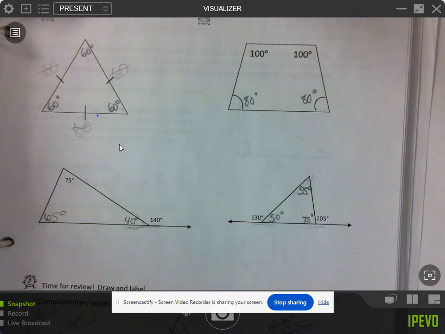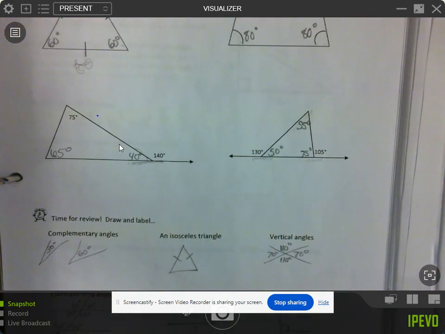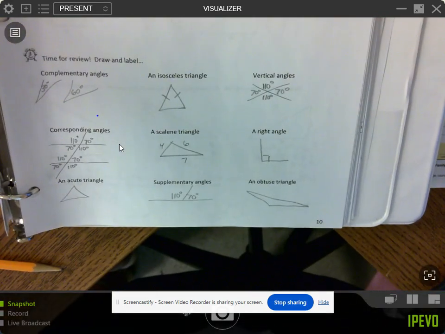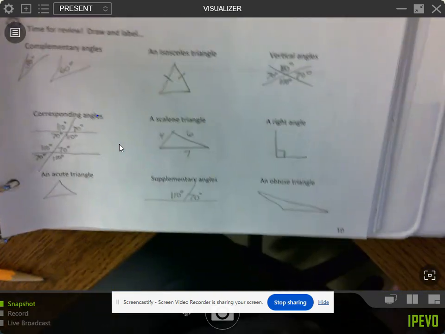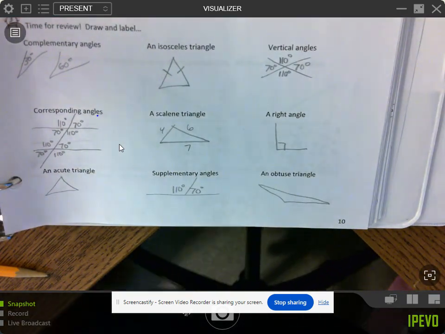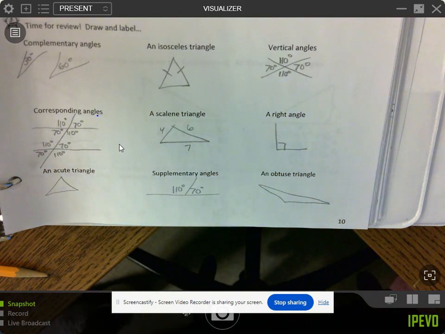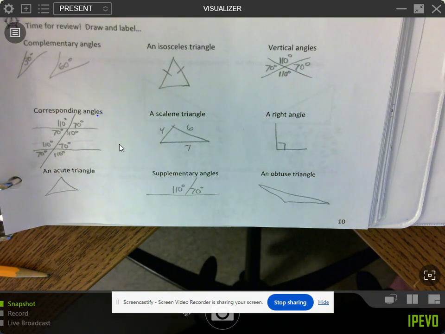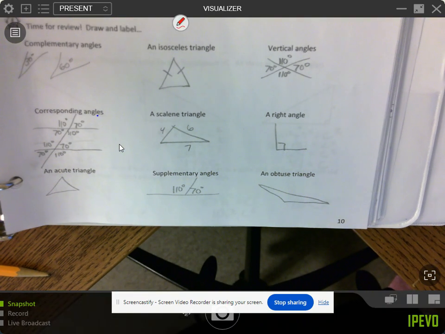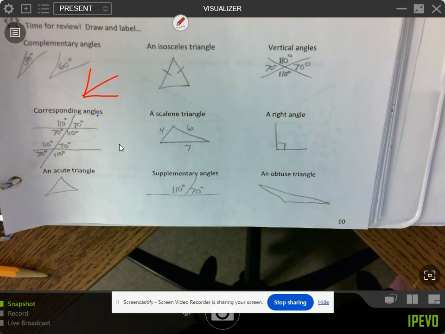All right, let's look at our review. As I was walking around, I noticed there were people not putting degrees and numbers on their shapes and their angles. On the test, it does matter. I saw somebody who did this for a complementary angle.